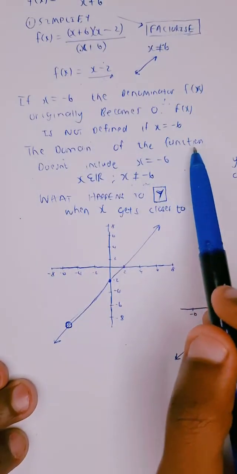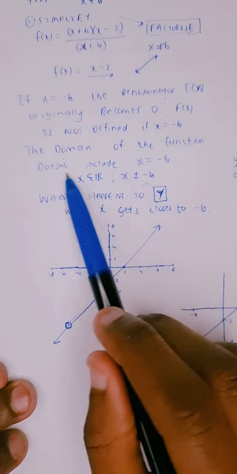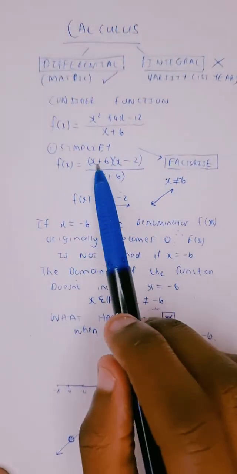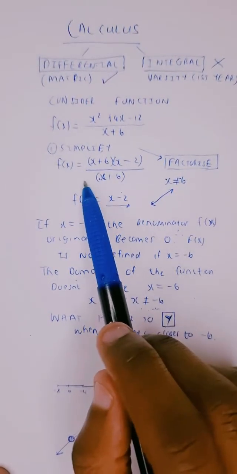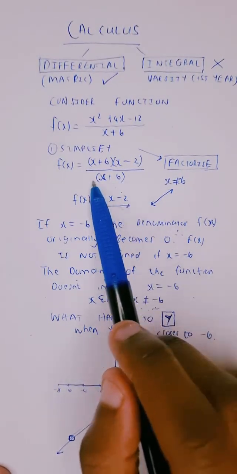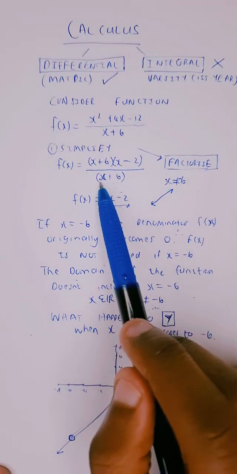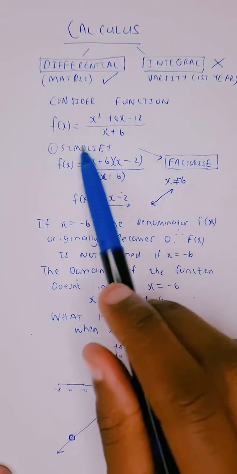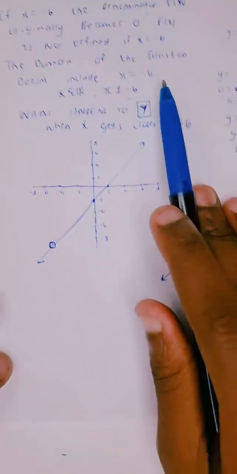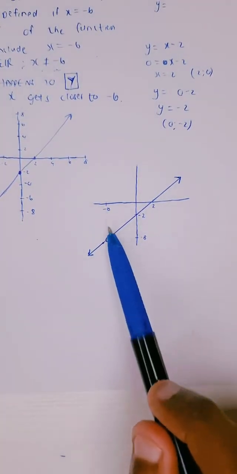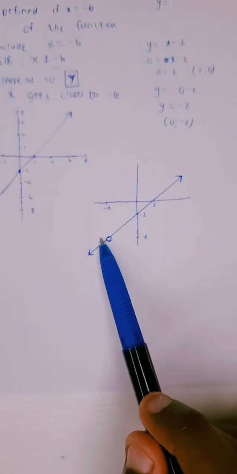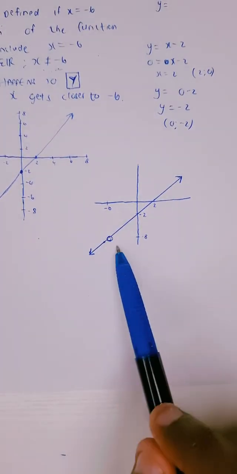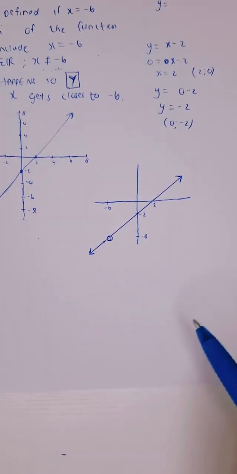The domain doesn't include x is equal to negative 6. Why? Because the function originally has a denominator expression x plus 6, where if x is equal to negative 6 we have a problem. The function is not defined exactly where x is equal to negative 6. Hence, we have an open dot there.